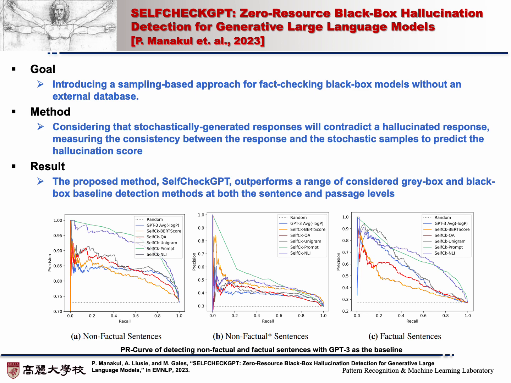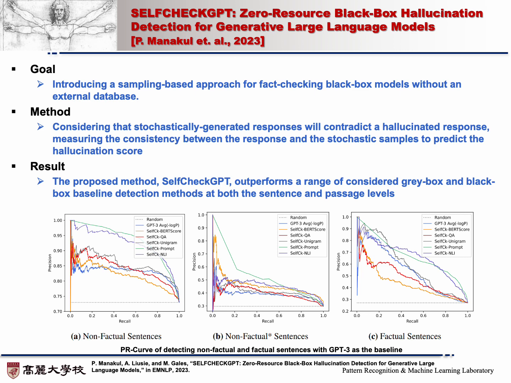The primary aim of this research was to introduce a unique sampling-based methodology to fact-check the outputs of what are termed black box models, where essentially these are models for which internal data or workings are not readily transparent or accessible.